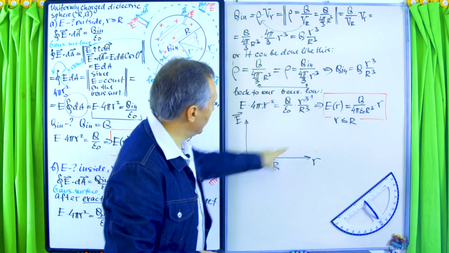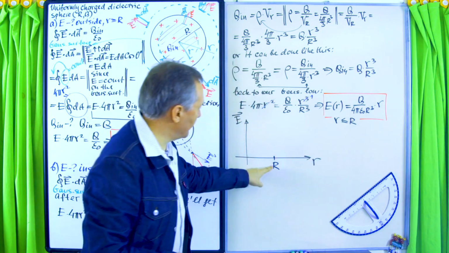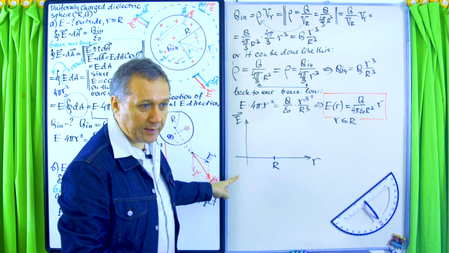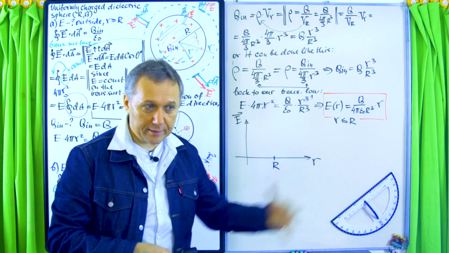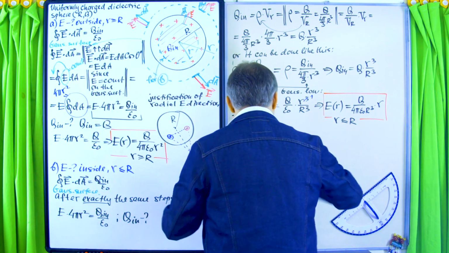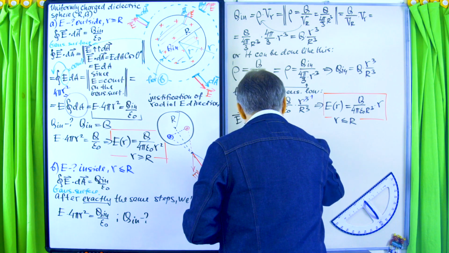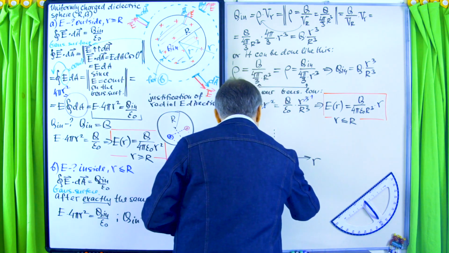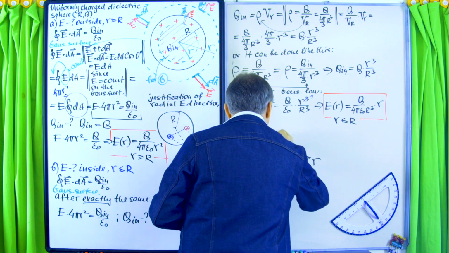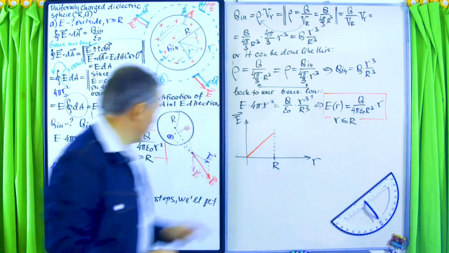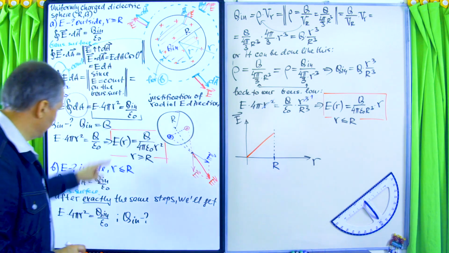So for r small less than R capital, we'll have a linear dependence, just a straight line. The electric field grows linearly. Let me first draw this dashed line, proportional to r.